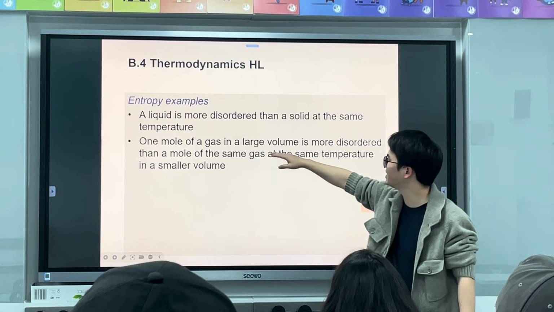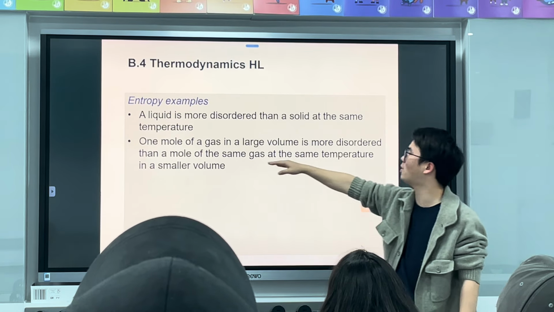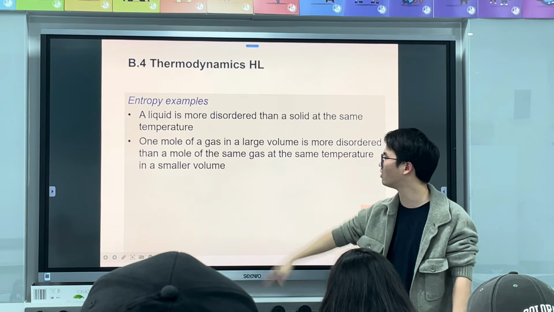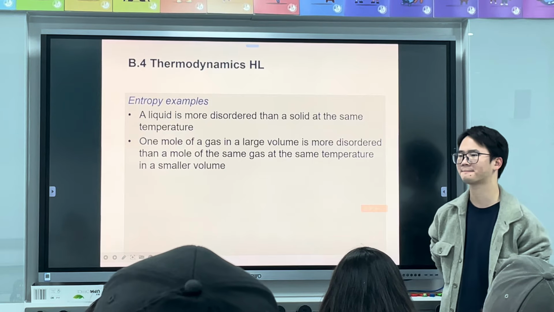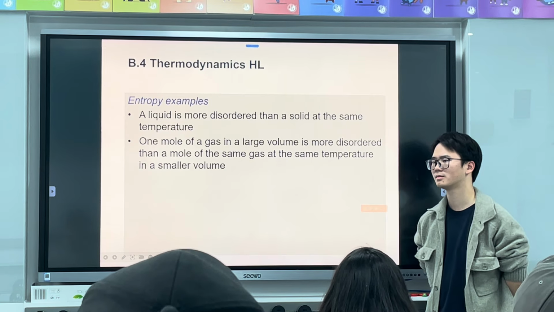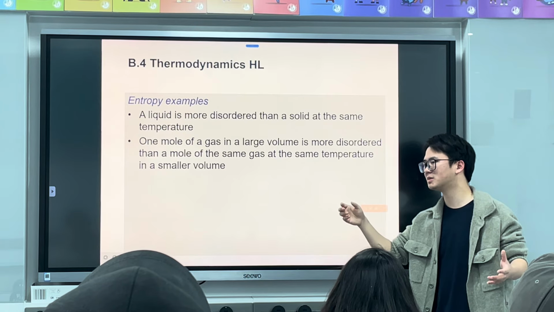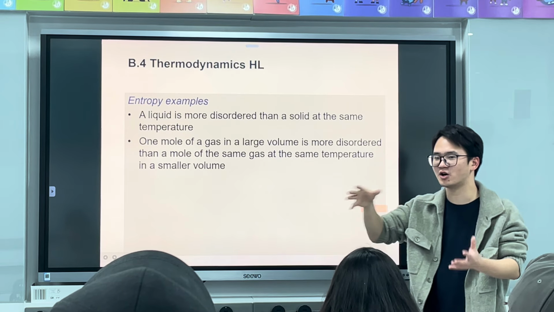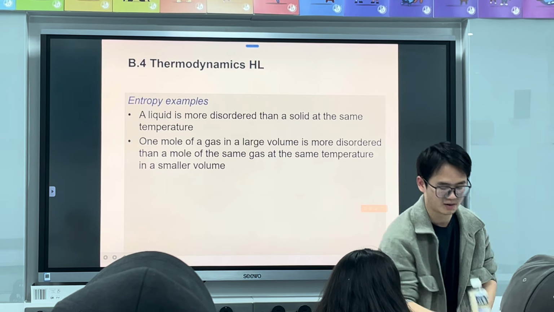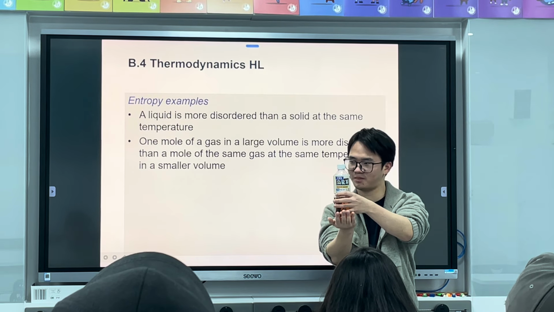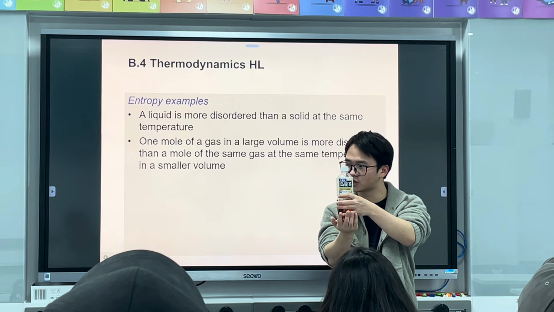And 1 mole of gas in large volume is more disordered than 1 mole of the same gas at the same temperature in a smaller volume. Why is that? If your volume doubled, does it make sense to you that the probability for the position of the gas particle also will increase?